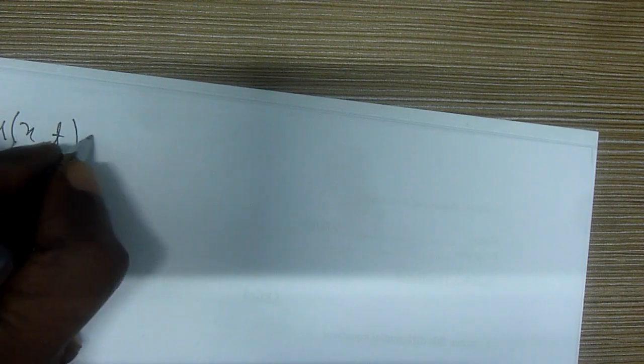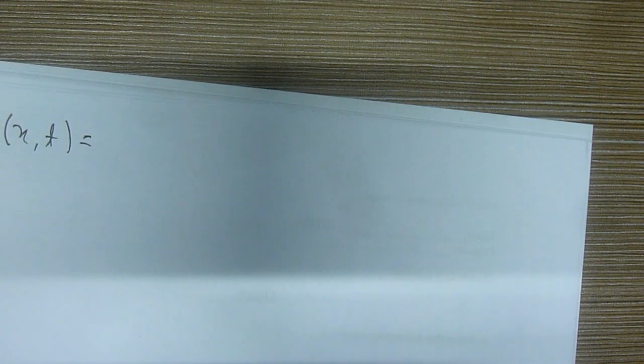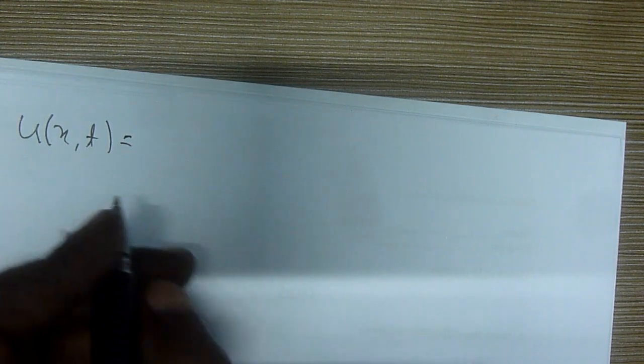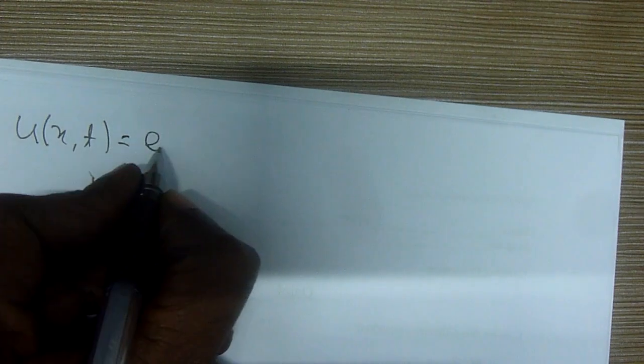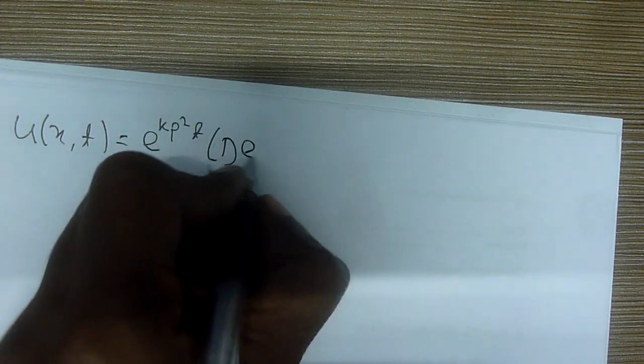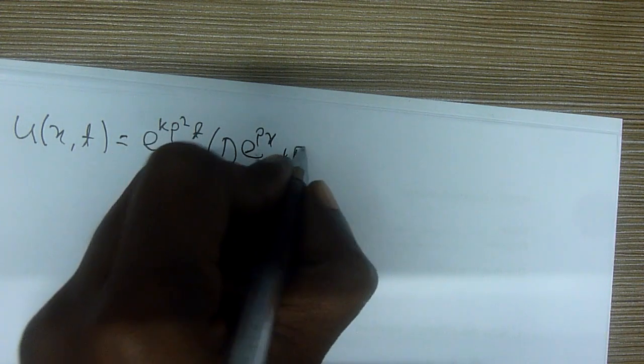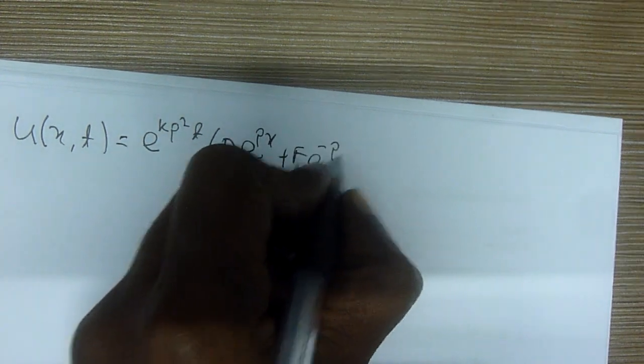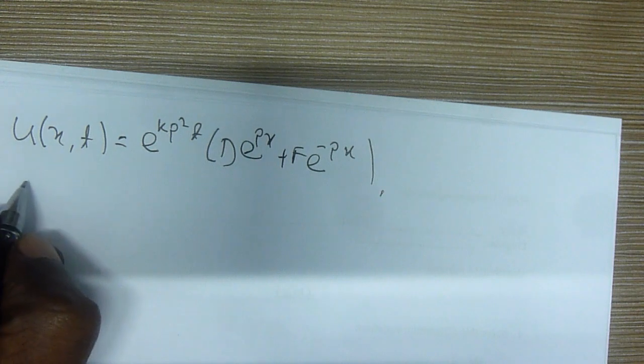Now, when you try for the initial condition here, you can see this is x, t, right? Let me write here: e^(kp²t)(d e^(px) + f e^(-px)).